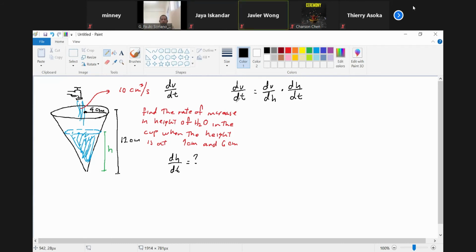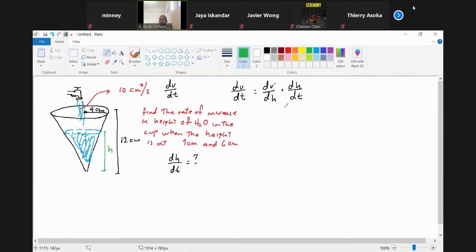We have this dV/dt. This is what we are looking for, dH/dt. But we need to find dV/dH, meaning volume in terms of H. So we start with that. We need to find volume. Okay, so volume of what?